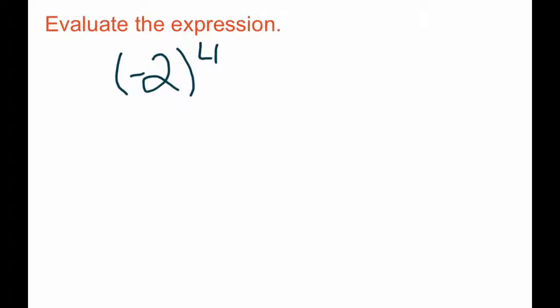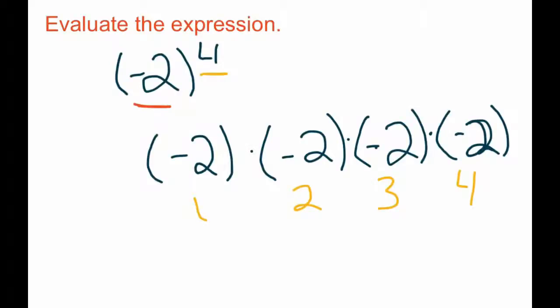Now we will do the reverse, and we will evaluate the expression. Here we see our base is going to be -2. So we write down -2. Now, we see our exponent is 4. So we are going to multiply our base by itself 4 times because our exponent is 4.